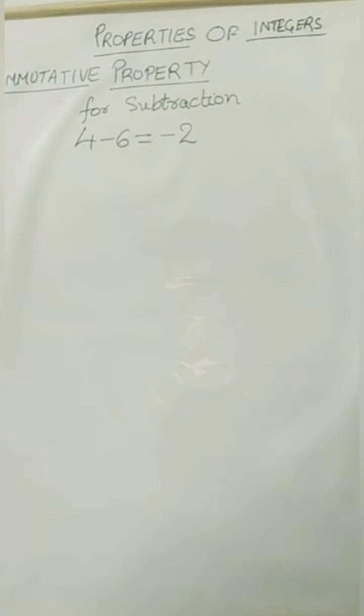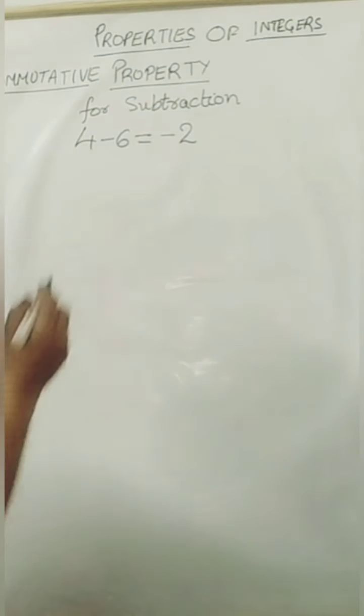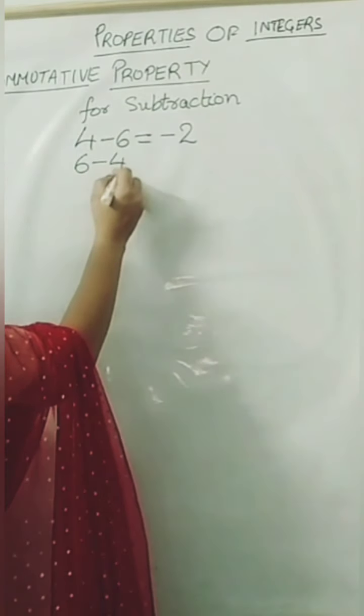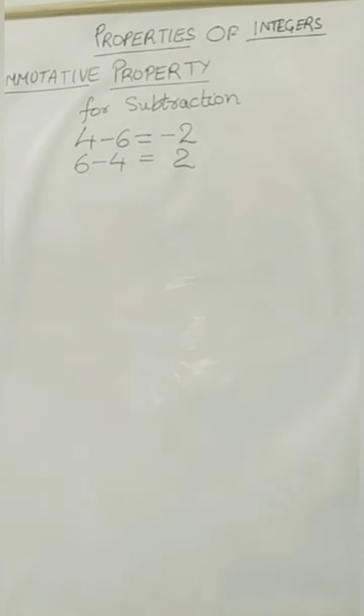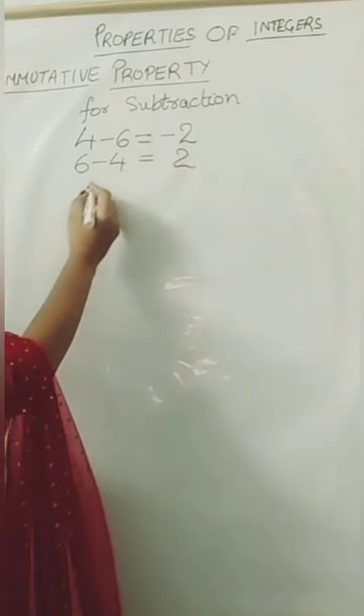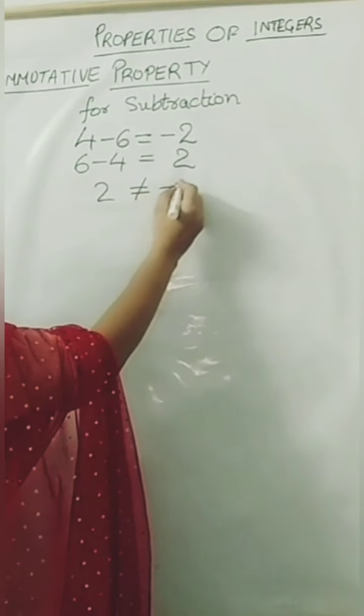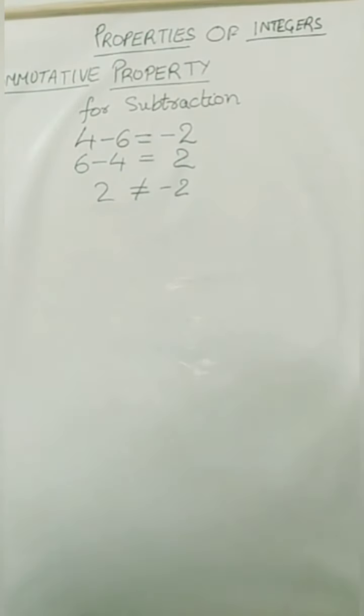I am going to subtract 6 minus 4. So by changing the order of the integers, 6 minus 4 gives you the positive integer, which is 2. So both are not equal. 2 is not equal to minus 2. So we have seen that the commutative property does not hold for subtraction.